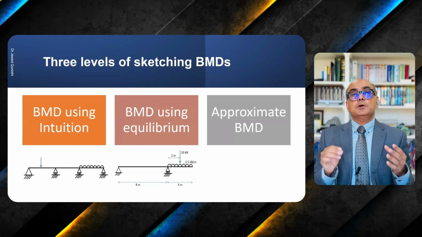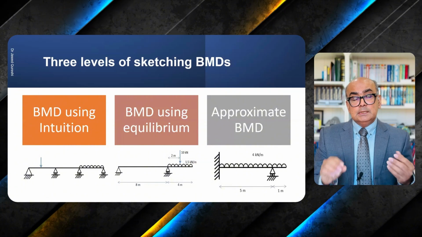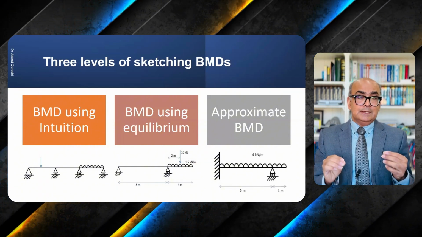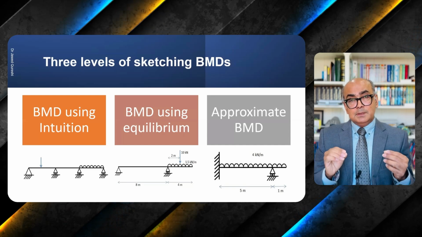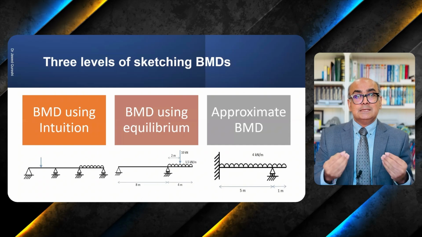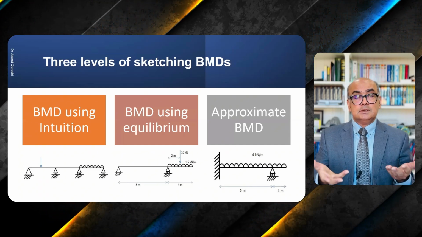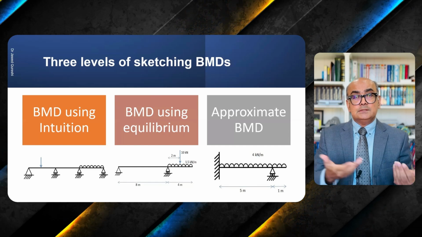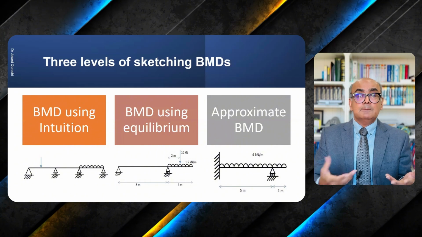The third and most important level is drawing the bending moment diagram approximately. Here the values of loading are given and the dimensions are given, but the structure itself is not a determinate structure, which means that unknowns are more than equilibrium equations. For example, in this structure you have 4 unknowns and 3 equilibrium equations. Now how do you solve this structure?